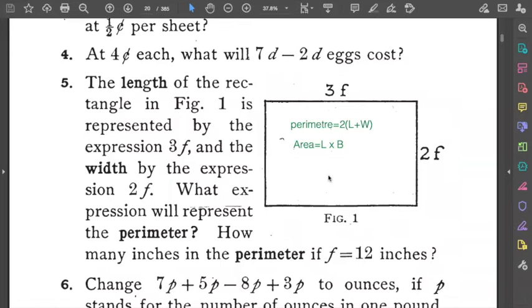Are you okay? Yes, good. Now if perimeter is equal to 10f, and f is equal to 12 inches, very, very easy: 10 into bracket 12, 10 times 12. What did you get for the inches? I got 864. How?